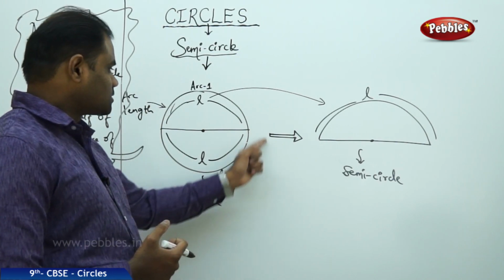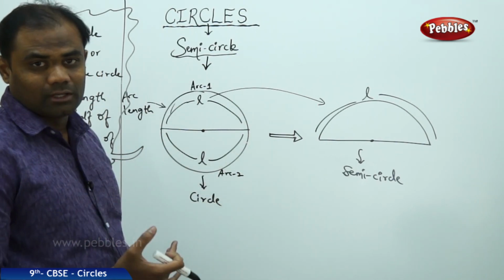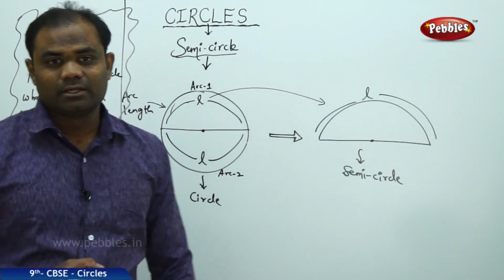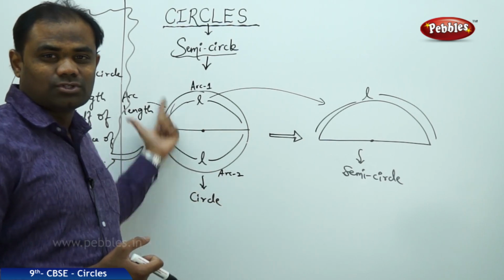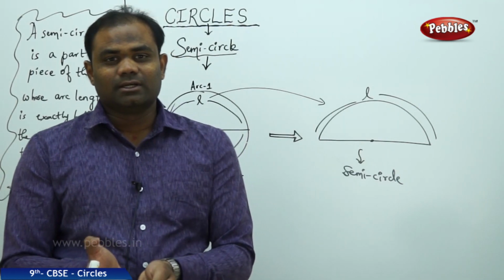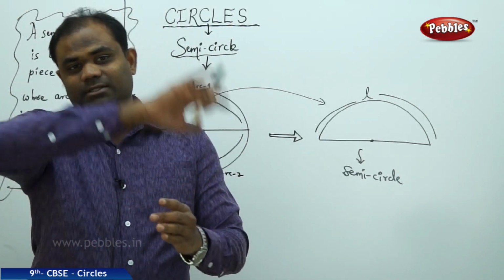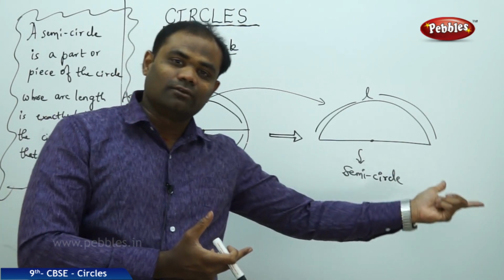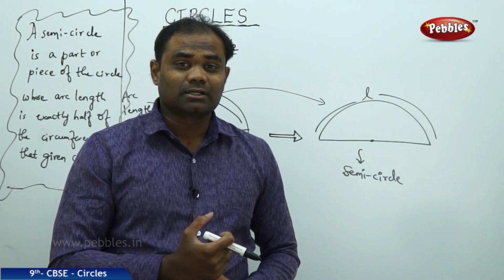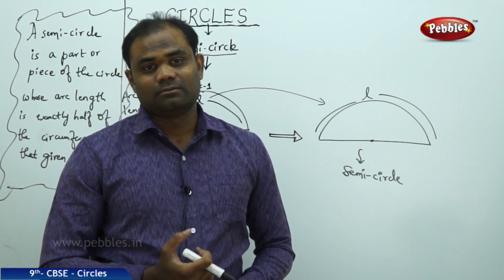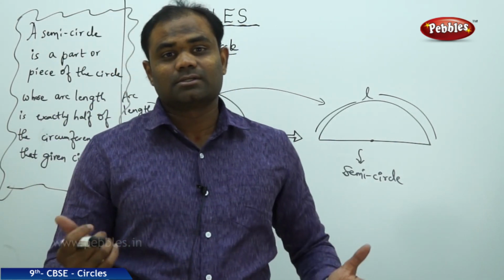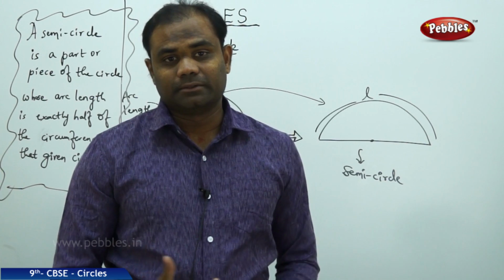So if the circumference of this circle is say 2L, then the arc length of this semicircle will be L, because half of the total 2L is L. So given the circumference of the circle, a semicircle will have its arc length exactly half of the circumference of the circle, is how we understand the arc length connected with the semicircle for the given circle. Semicircle versus circle versus arc length.